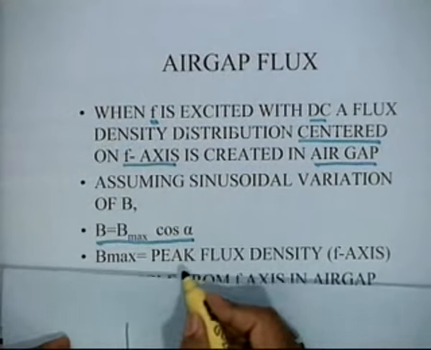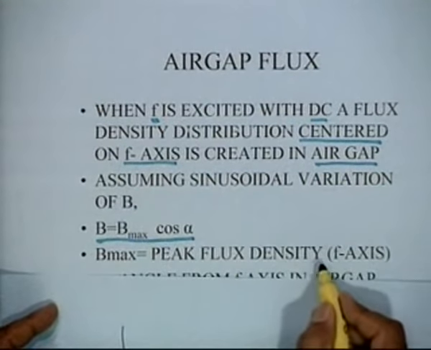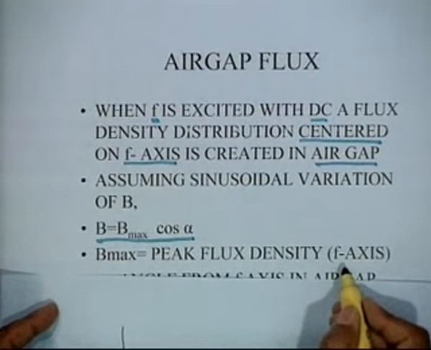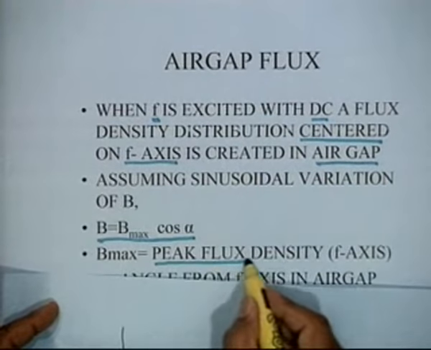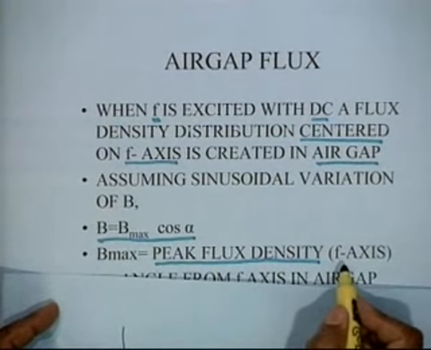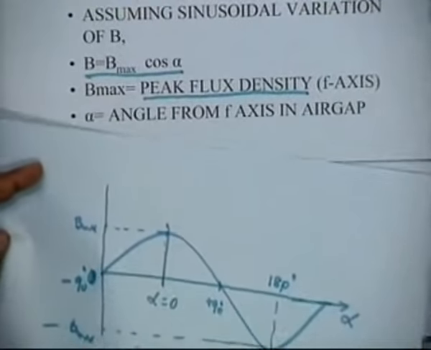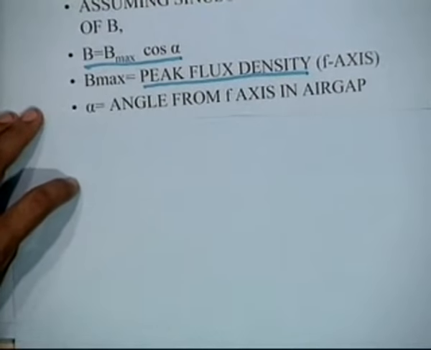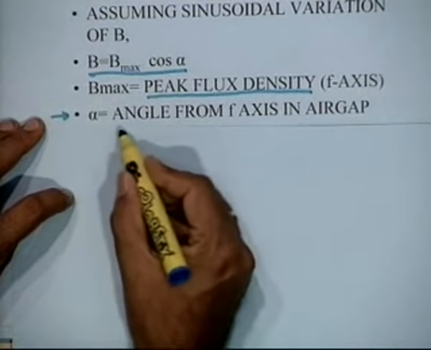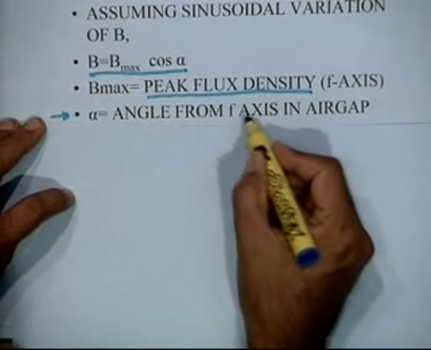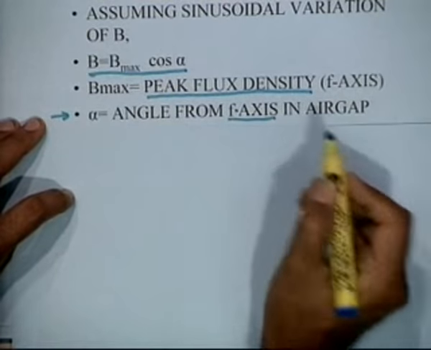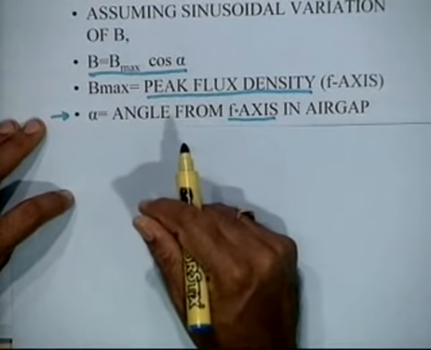We have already identified it as the peak flux density, which is always along the F axis. And this alpha is the angle measured from the F axis in the air gap, okay.